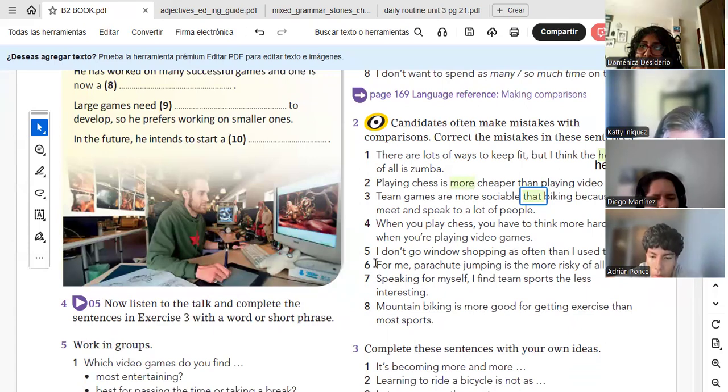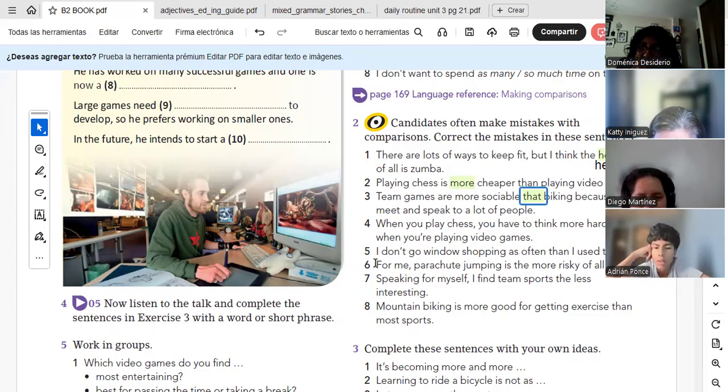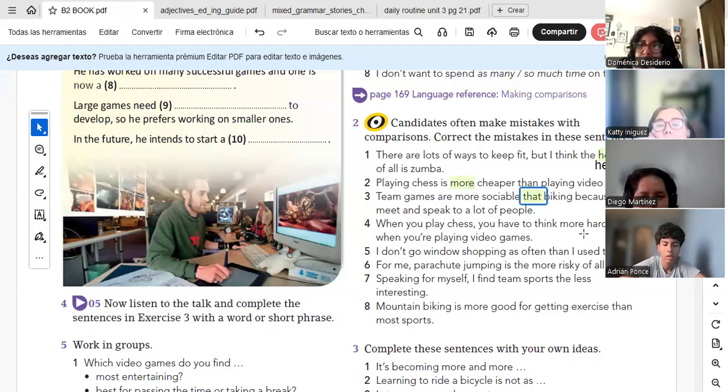Number 4, Diego. When you play chess, you have to think more hardly. It can be hardlier. Actually, yes. Because it finishes in L-Y. Yes, you have to think hardlier than when you're playing video games. It's true, I'm not sure. It depends on the video game.